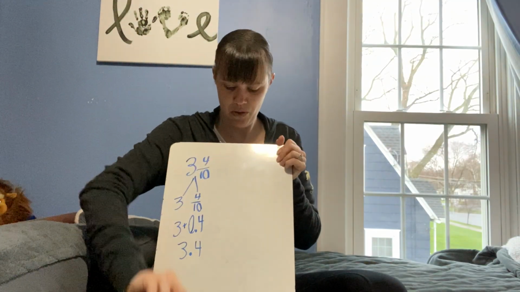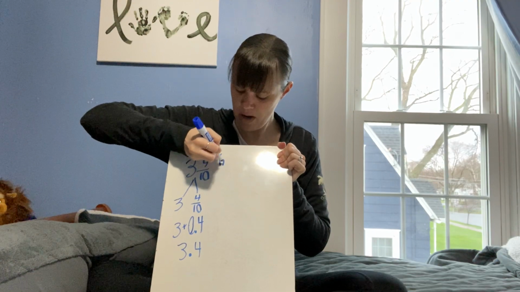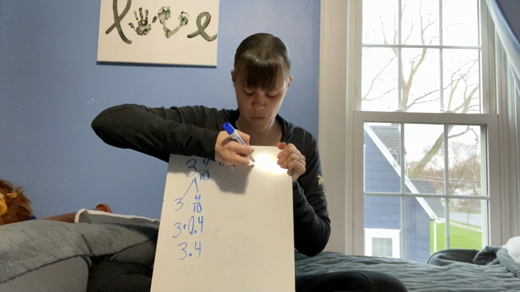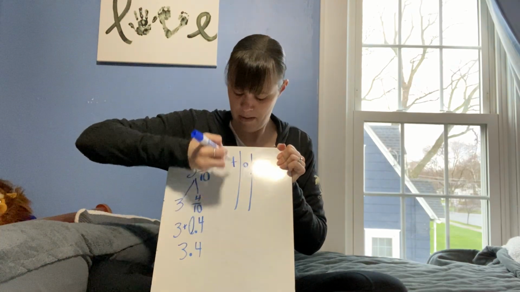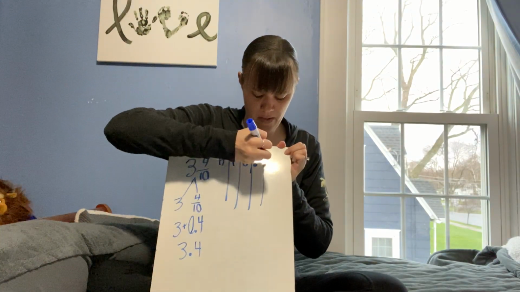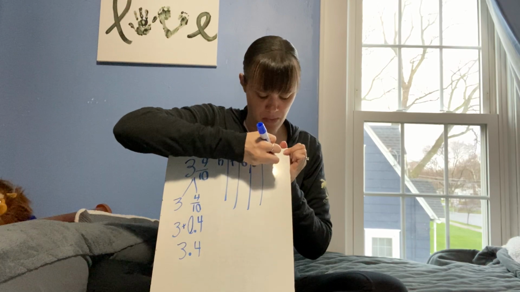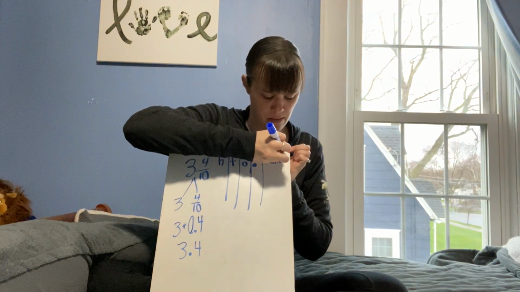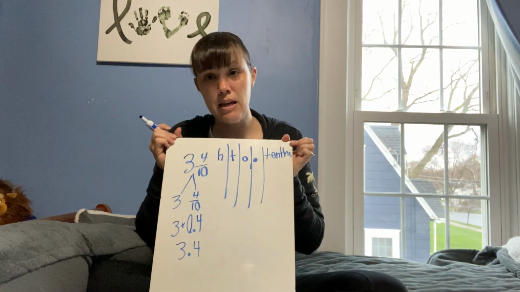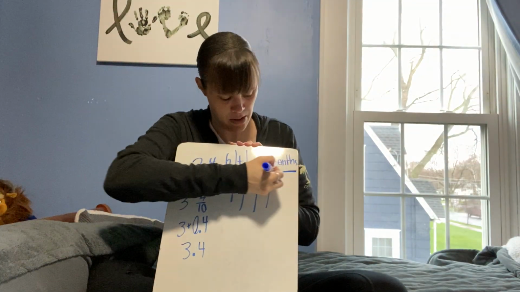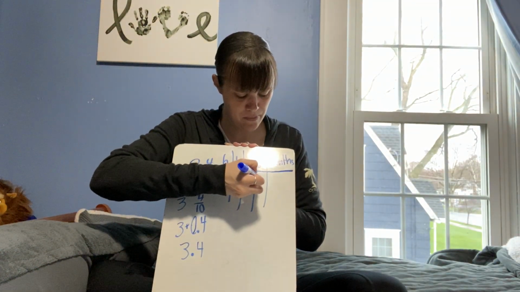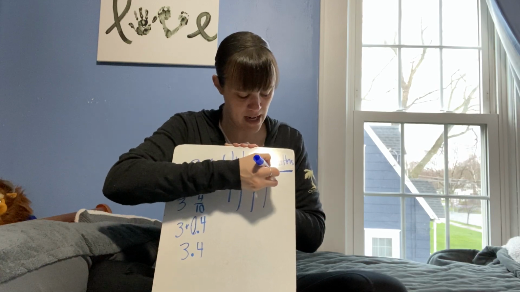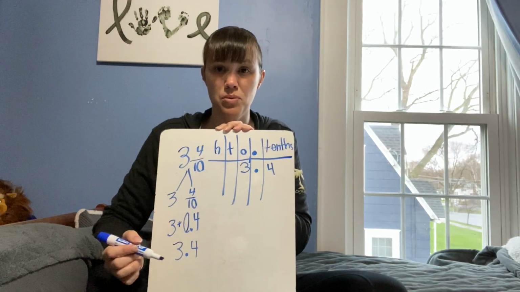Remember what I showed you yesterday: we have our hundreds, our tens, our ones, and then we have our decimal, right? And then we have our tenths, and I'm going to write tenths. It's not tens, it's tenths. So if we have the whole number 3 and we have 4/10, oh, look at that, it's 3.4.